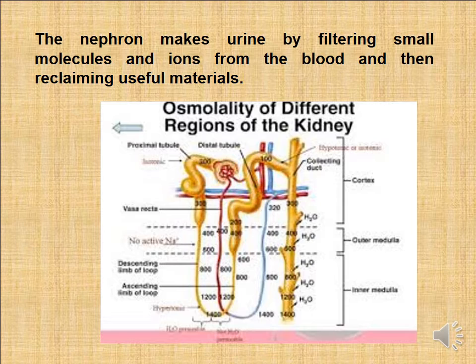The part that filters the blood is called the nephron. The nephron makes urine by filtering small molecules and ions from blood and then reclaiming useful material. According to the osmolality of different regions of the kidney, there are different parts of the nephrons.